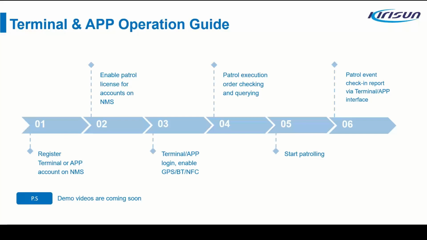Step 4. Check the patrol order on the terminal and app. Step 5. Start the patrolling according to the plan. Step 6. Check-in and report events by selecting options, text, photo, or video recordings.